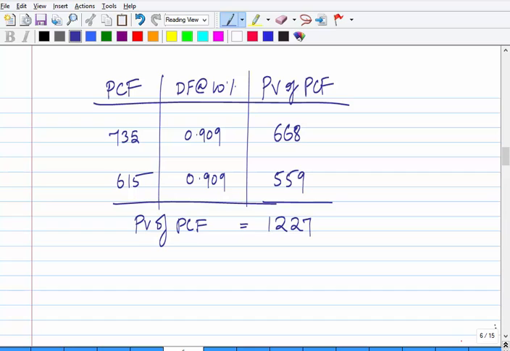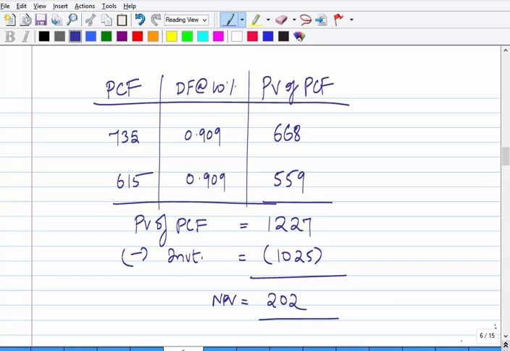It means let me subtract the investment in 15 flats. What is the investment that is made in 15 flats? It is 1025. So let me subtract that 1025. So what is the NPV? What is the net benefit I get? The net benefit I get is going to be 202 lakhs. Okay. So this is what is going to happen if you're going to construct 15 flats now and if you're going to sell it after 1 year.